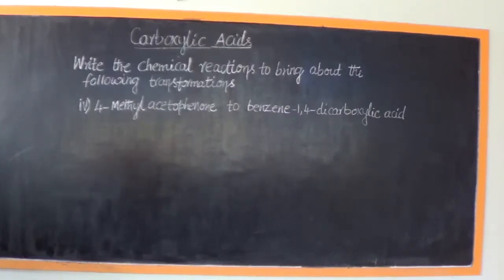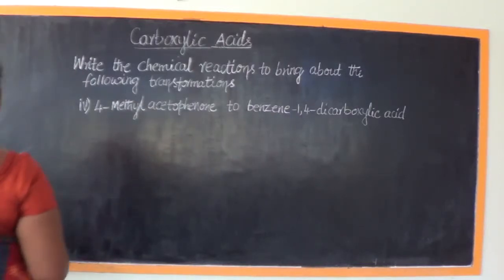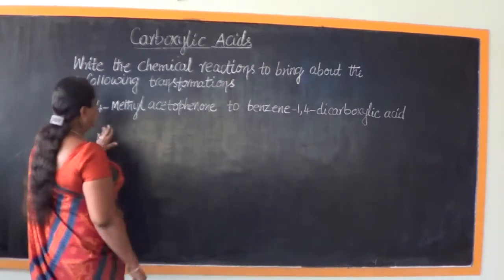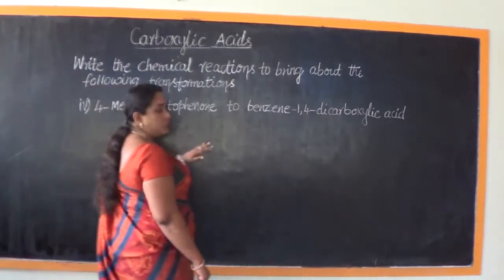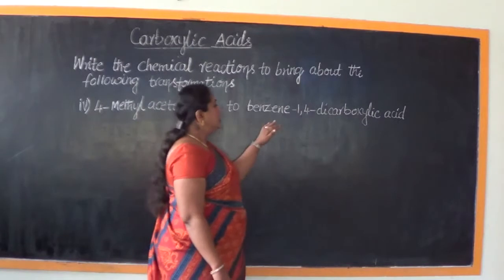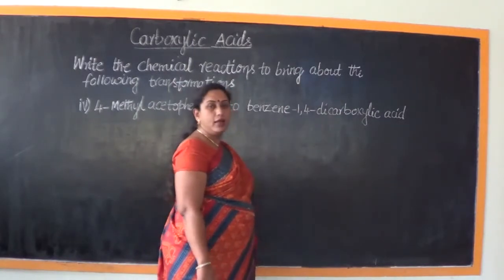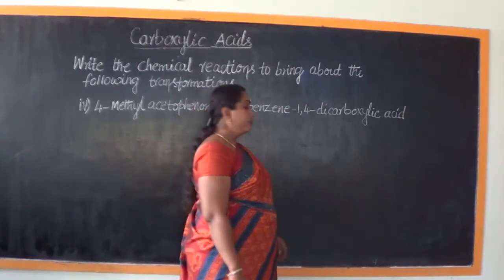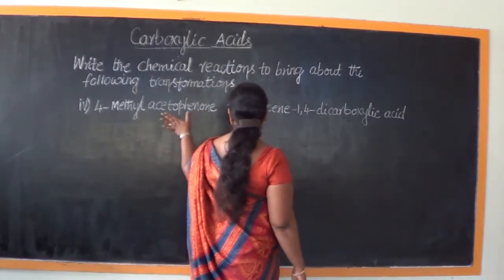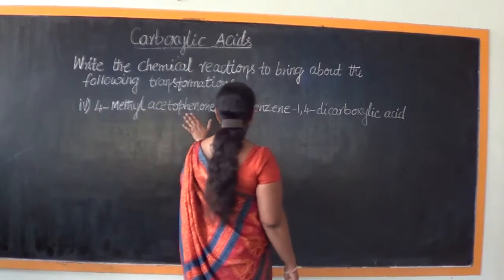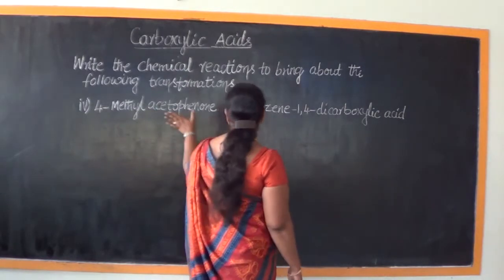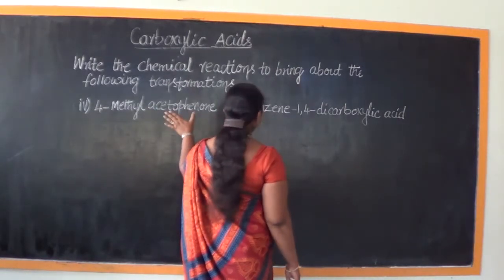In this video lesson, let us try to understand the method of converting 4-methyl acetophenone to benzene 1,4 dicarboxylic acid. That means we have to convert the methyl acetophenone. Acetophenone is a carbonyl compound.